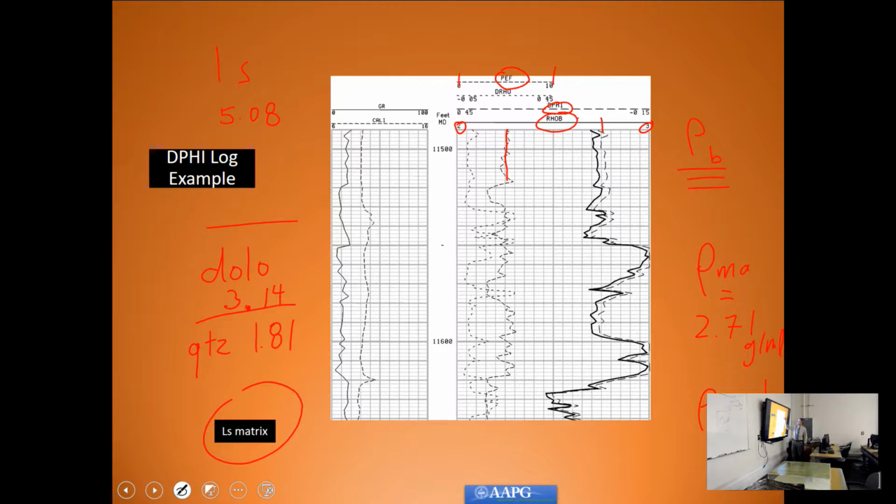It's not terribly helpful. Not totally clean. That's cleaner still. And it's 0, 1, 2, 3, 4, 5-ish, right? So that's giving you an idea that it's limestone. And where this helps is that dolomite, you said that's 3.14, so 0, 1, 2, 3 is right there. That looks like dolomite.